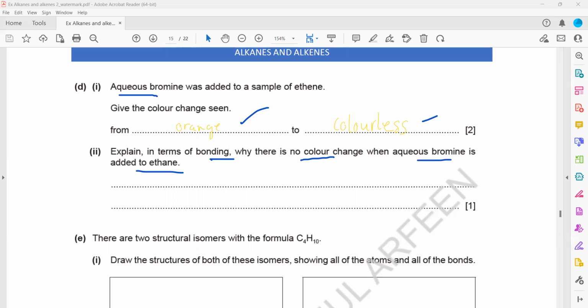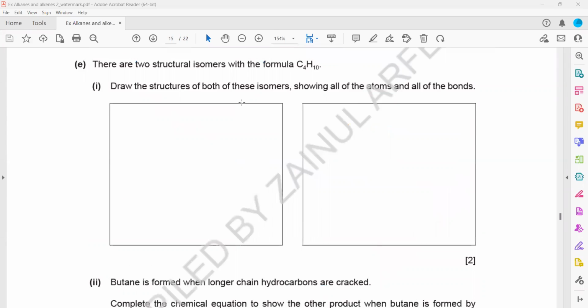Mainly you have to tell why it does not react: there is no color change because it does not contain a carbon-carbon double bond. That's why bromine can react with alkene but not with alkane. Even though it is obvious that there is no color change because there is no reaction, you have to tell why.